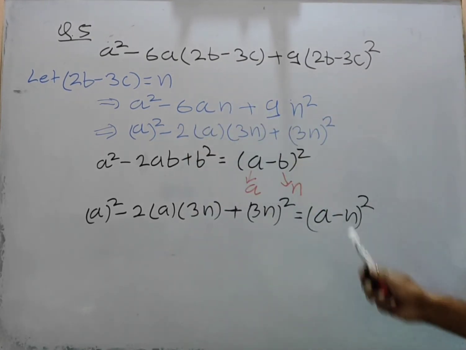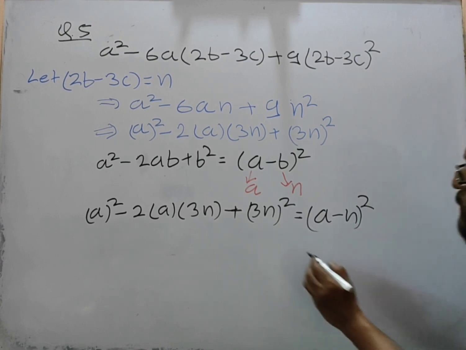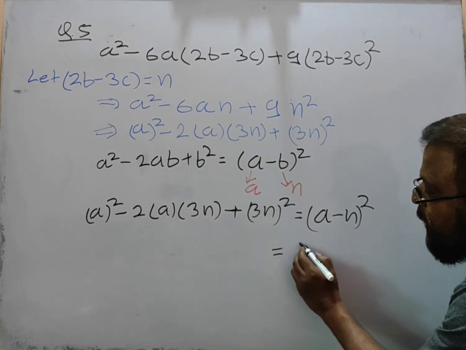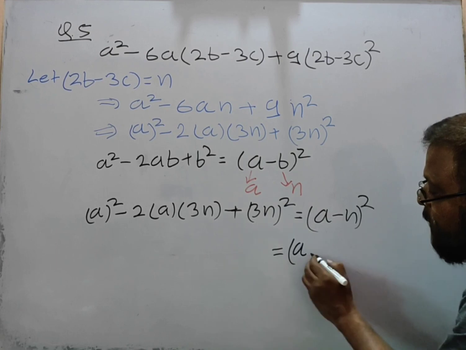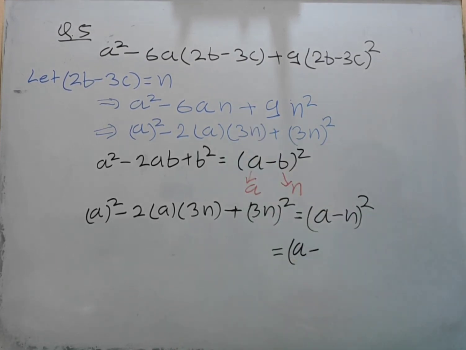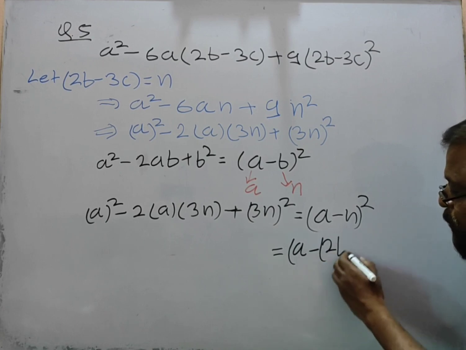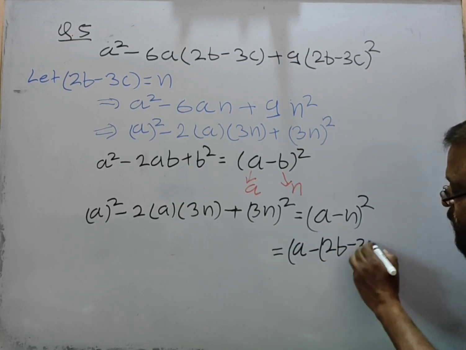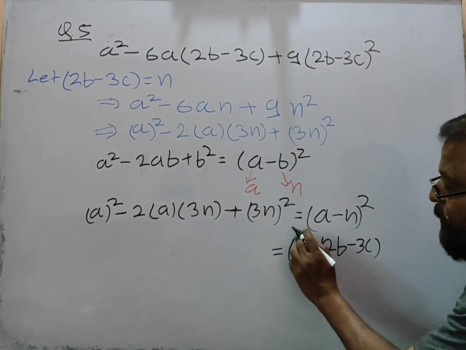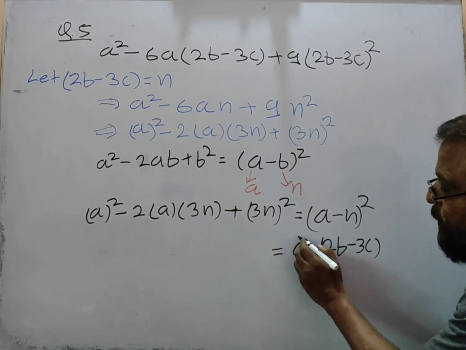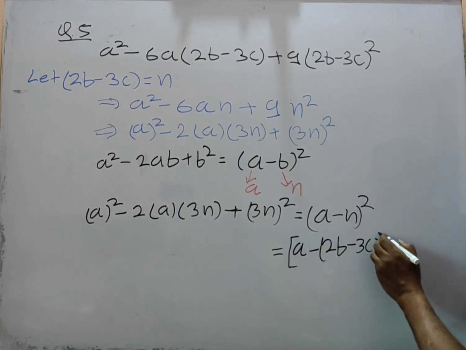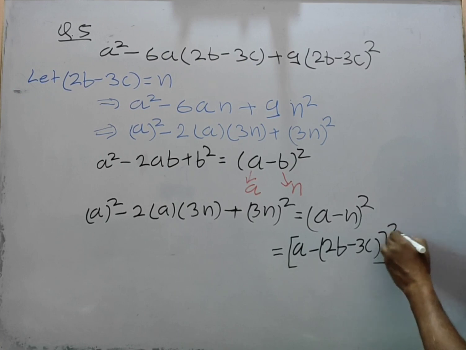Now giving back the value of n here, so it becomes a minus, that is, bracket 2b minus 3c. Yeah, I should take a large bracket whole square.